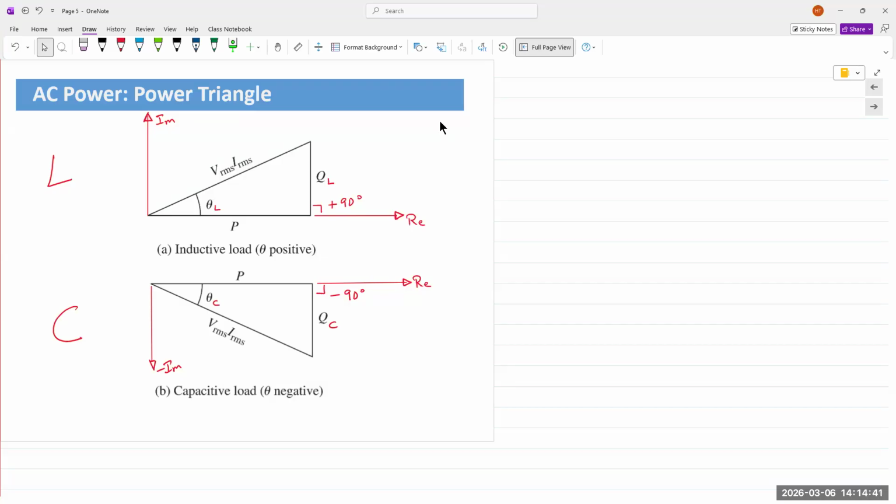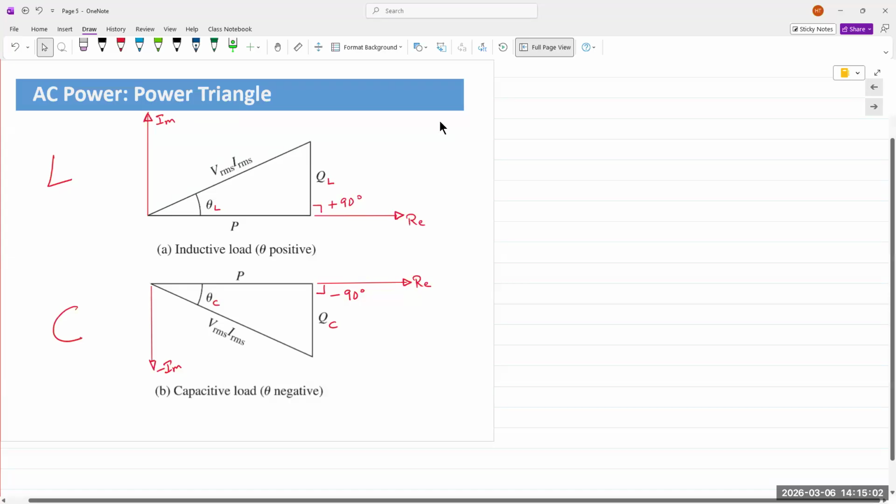In a capacitor, it's the opposite. The current leads the voltage, or in other words, voltage is lagging by 90 degrees. So the impedance angle for a capacitor, and hence the power angle, is always minus 90, meaning QC is always pointing straight down. Okay, and that's what we see in this power triangle.